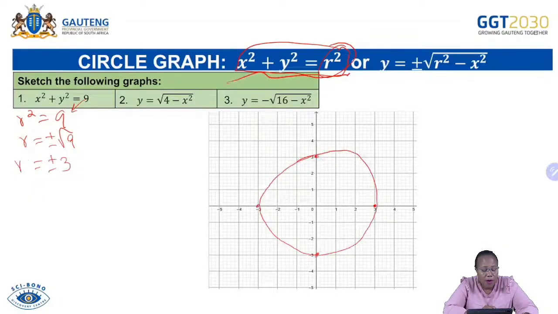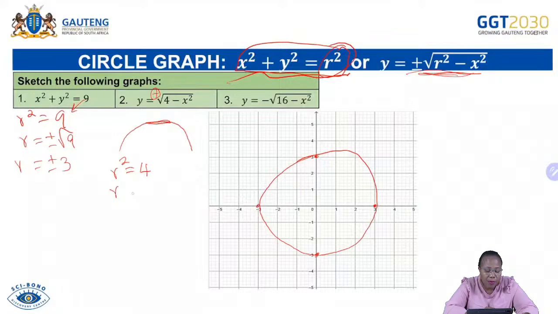Now for number 2, we are looking at the semicircle that is positive. If it is positive, it will cut on the positive y value. We are expecting a graph like that, which has a maximum there. What is the r squared there? From the original, r squared is equal to 4 in this case.